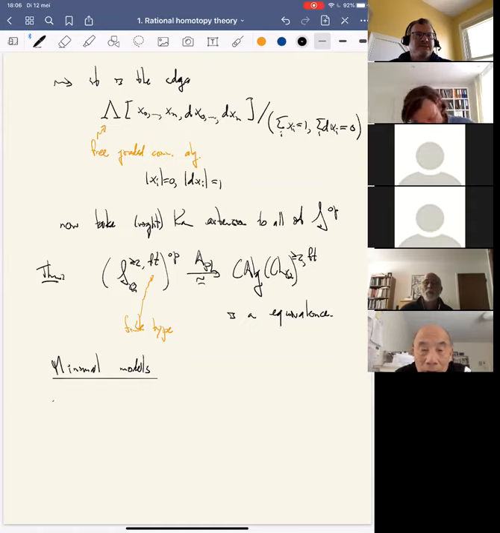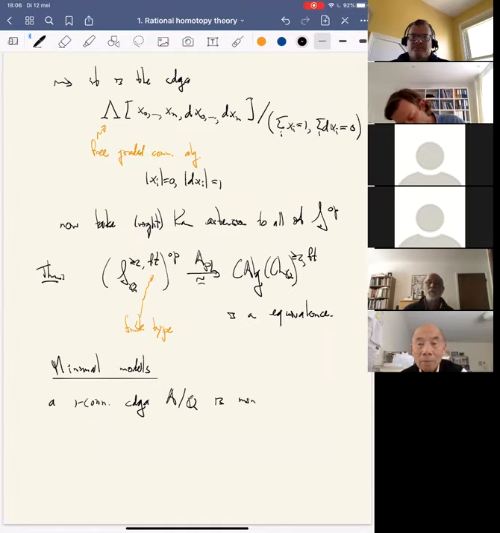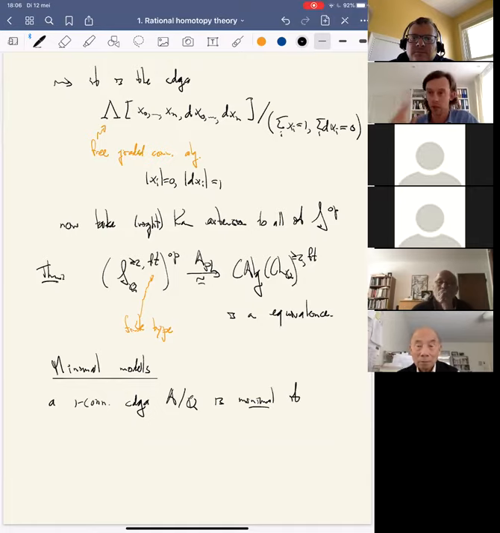All right, let me talk about minimal models for a bit. Here's the definition. Let's say that I have a simply connected CDGA A over Q. Such a thing is called minimal if it satisfies the following conditions. First of all, the underlying graded commutative algebra, just forgetting about the differential, is free. That's condition 1.